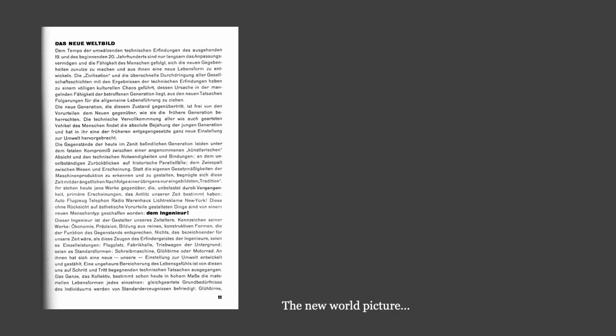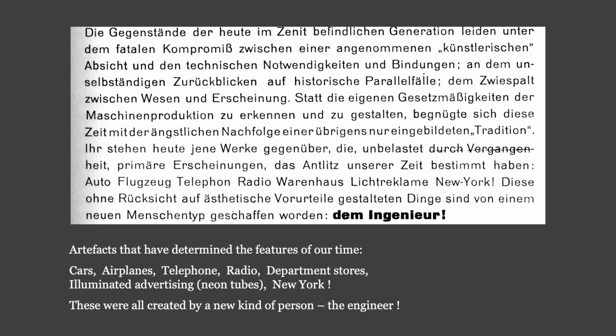And it begins not with typography itself, but with the whole new world picture of after the First World War. And it gives a list of these extraordinary new things that have entered our life in the 20th century.